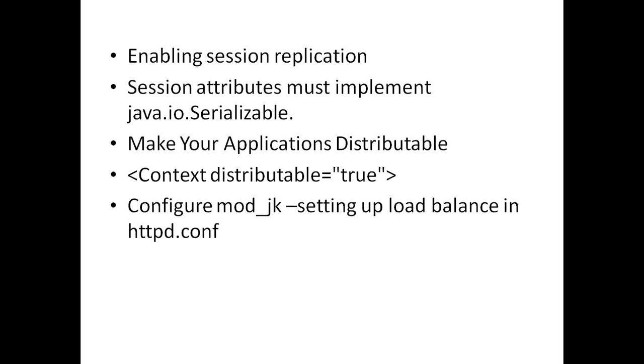There is one more thing: we can set reloadable equal to false. In the Tomcat server.xml file, and the same can be applied to other application servers, we have a tag called Context with path equal to your application name. In that, make reloadable equal to false. Otherwise, whenever you make changes in your web application, Tomcat constantly tries to poll for it. It constantly looks whether there is any change in your jar file or your class file.